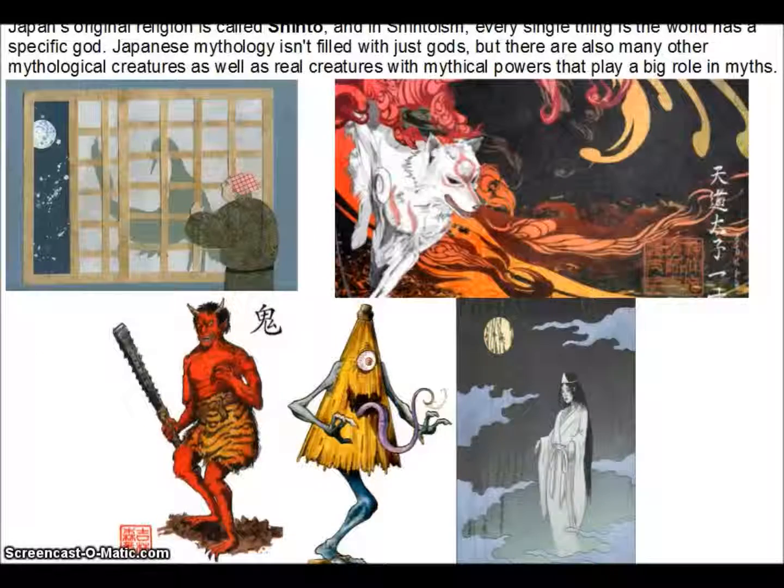that mythology. So, Japan's original religion is called Shinto. And in Shintoism, every single thing in the world has a god or a spirit with it, whether it's inanimate objects like rocks or trees or houses, anything like that, rivers, the sky, but even more modern-day things.